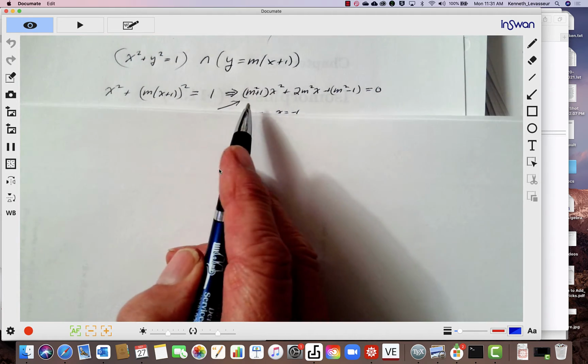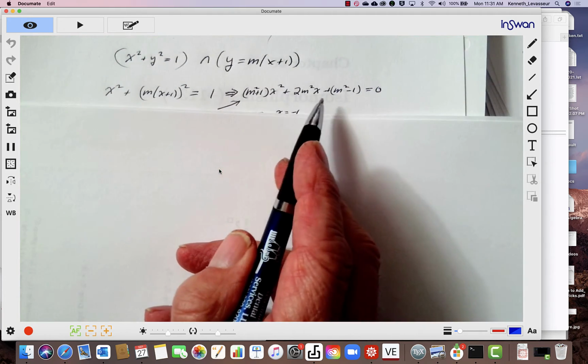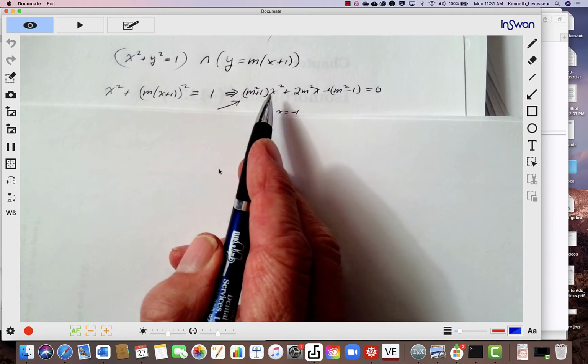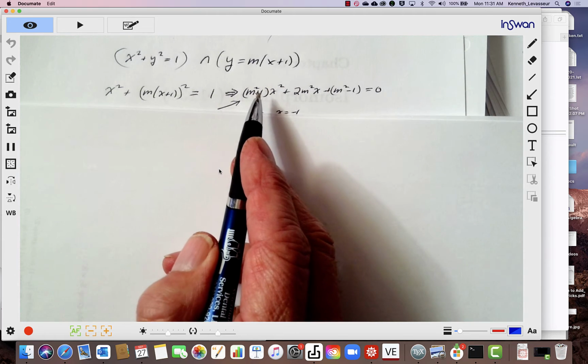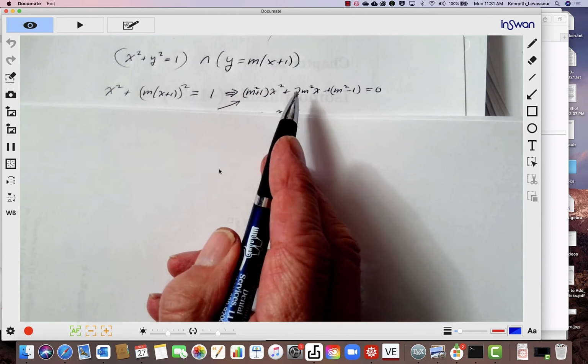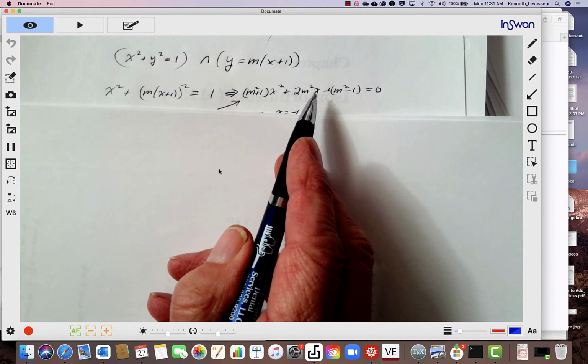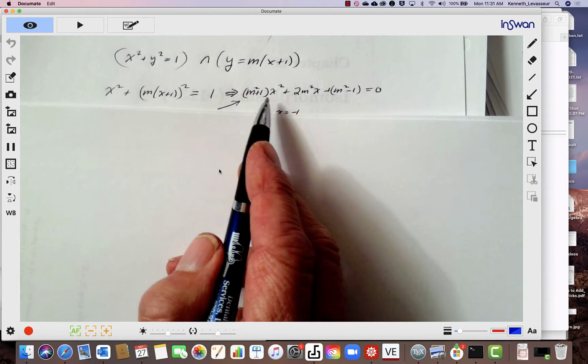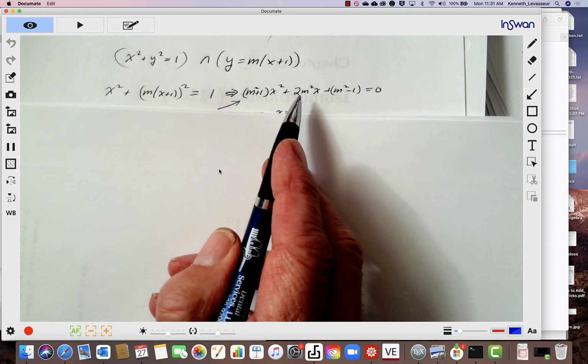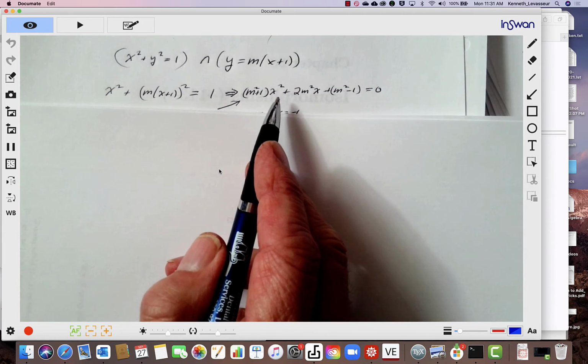When we do that, we can rearrange the terms so that we have a quadratic polynomial. M squared plus 1 is the coefficient of x squared, 2m squared is the coefficient of x, and the constant is m squared minus 1. Now we know this quadratic has one root of -1.